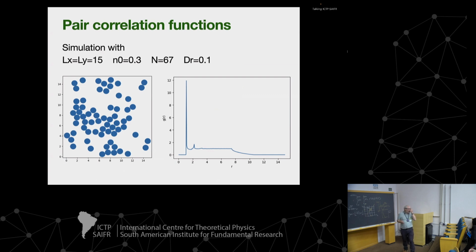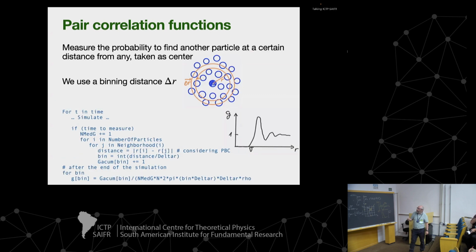And you notice also that the G of R is weird because it does not go to 1 forever. It goes to 1, and then it does something like this. It reaches the size of the system, not exactly, because the size of the system is 15. The problem here, as Leonardo says, is that you failed in this normalization.